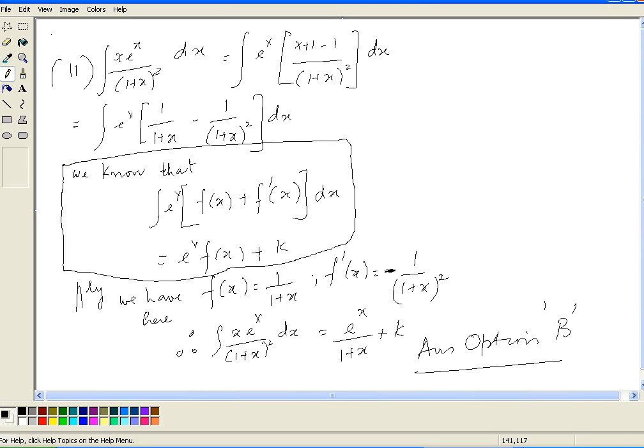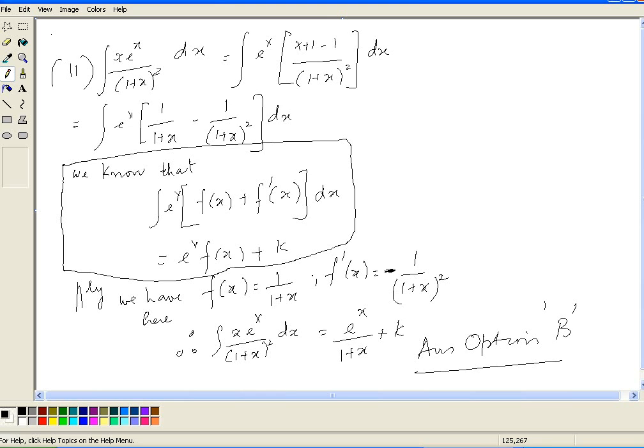We can rewrite this integral as integral e power x, x can be split as x plus 1 minus 1, whole divided by 1 plus x whole squared dx, which can further be written as integral e power x bracket 1 by 1 plus x minus 1 by 1 plus x whole squared dx.